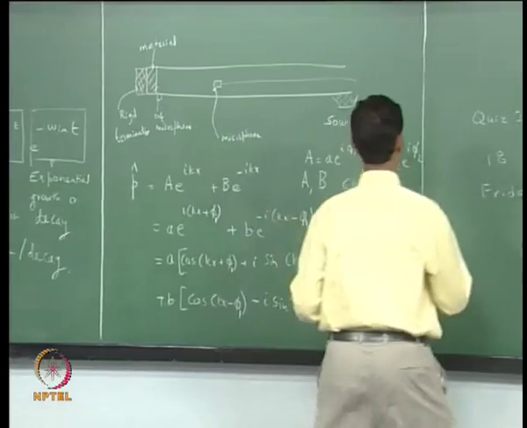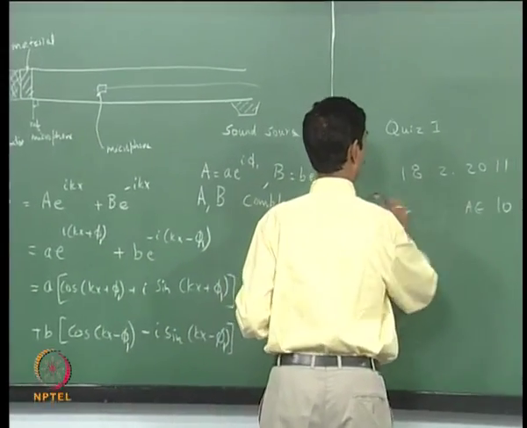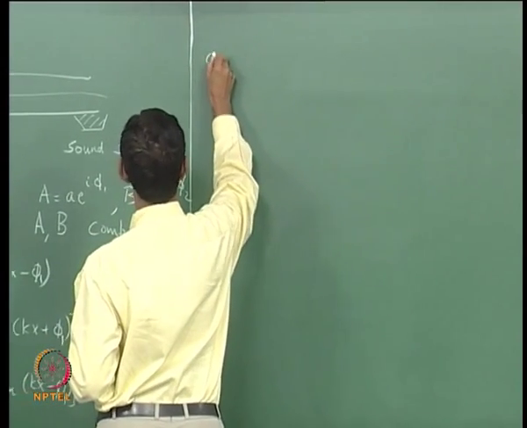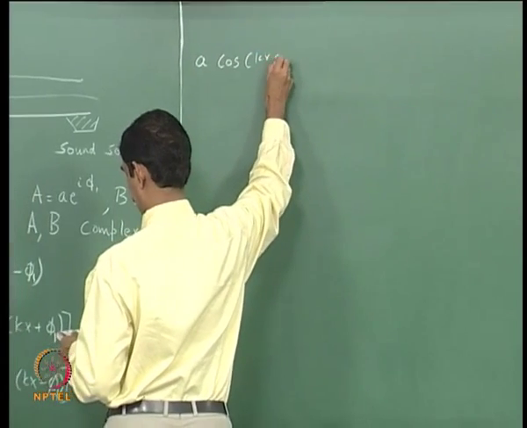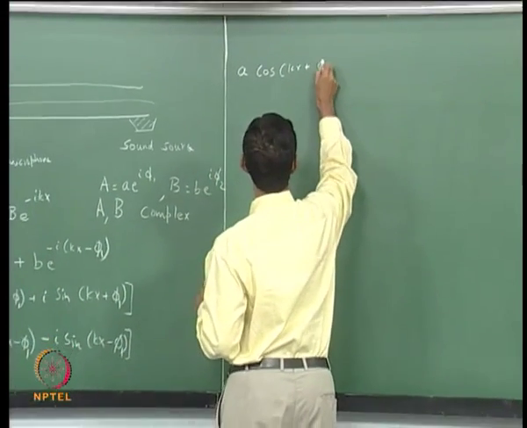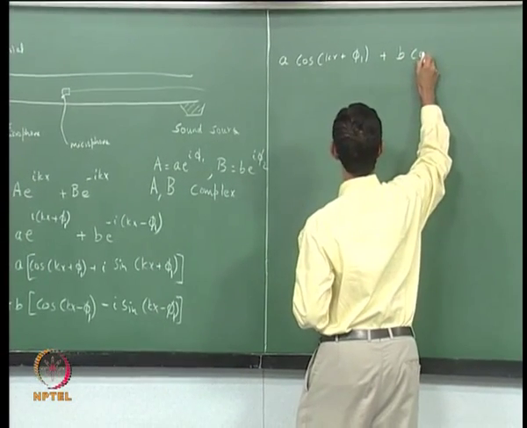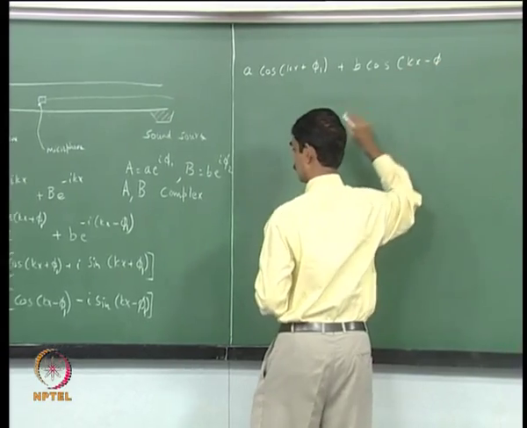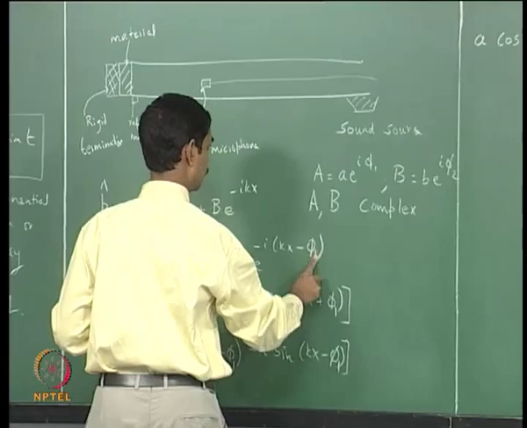So we can say this is A. This should be phi 2 actually, sorry.